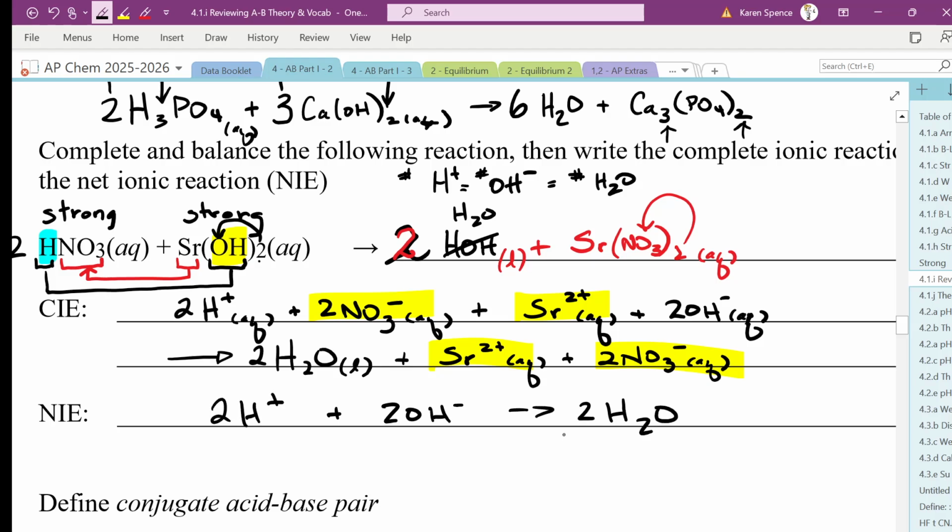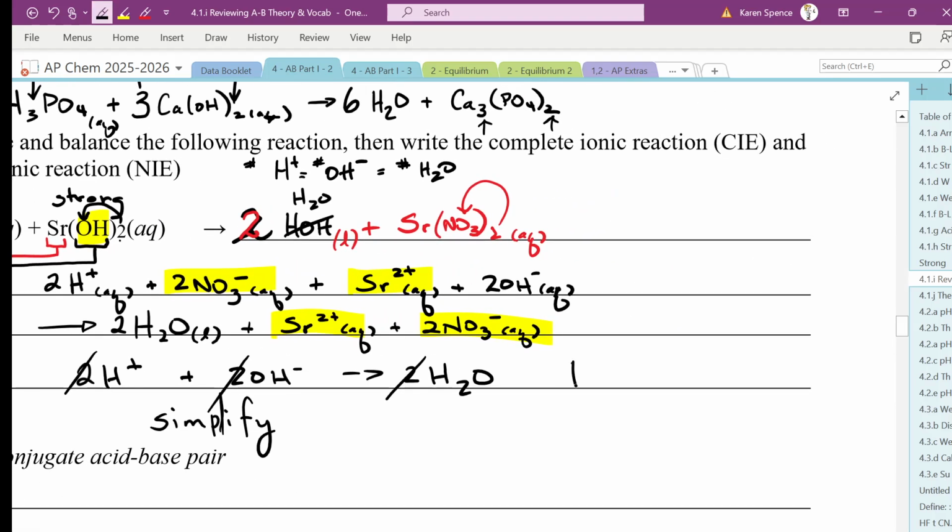No, you would need to simplify. Okay, so just H plus OH minus gives H2O. So if you have a strong acid and a strong base, the net ionic equation will always be H plus OH minus gives H2O. That is for every strong acid, strong base.